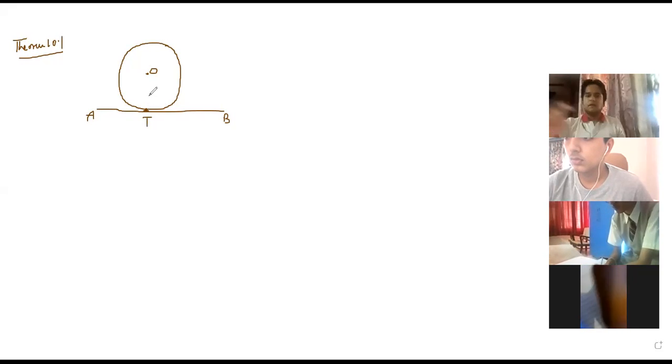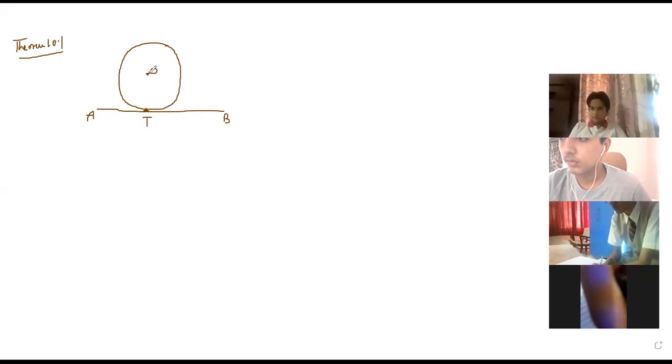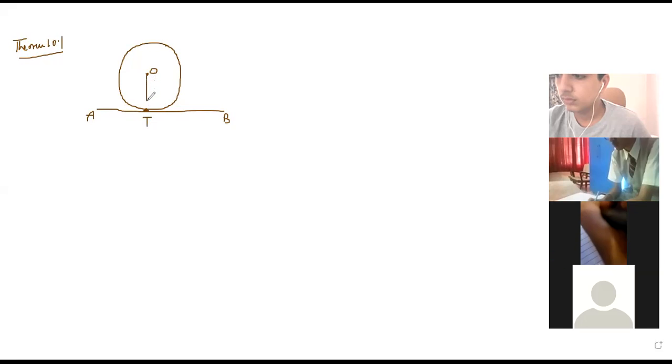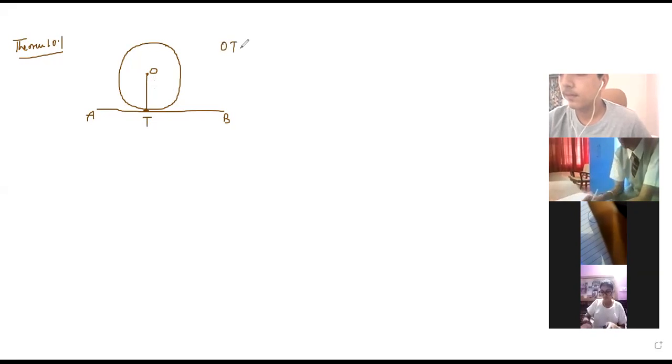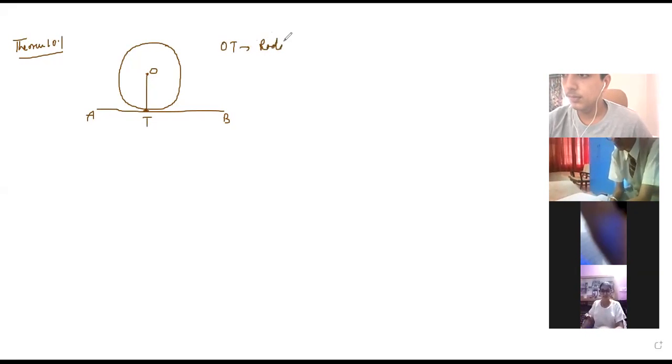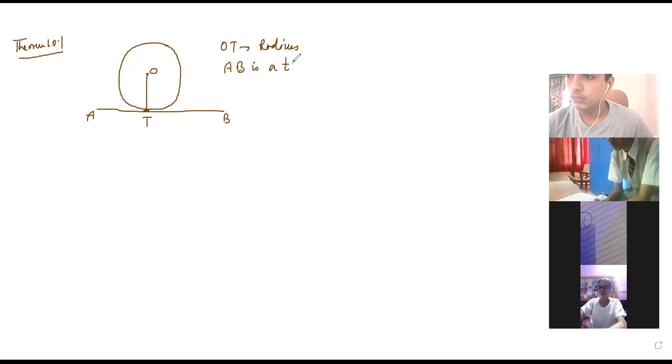Now what he wants to say: if I join the center of the circle with this point of contact, what will it become? This will be the radius, because O is the center of the circle and T is any point on the circumference. So OT is a radius. AB is a tangent, and T is the point of contact.